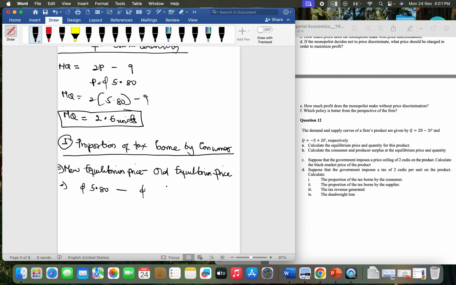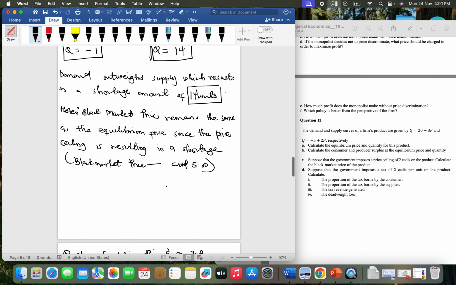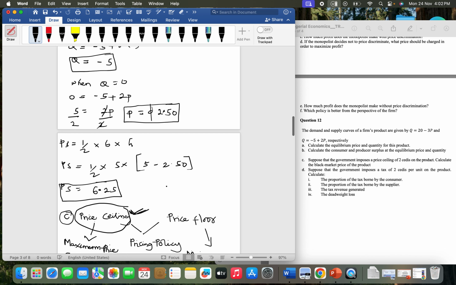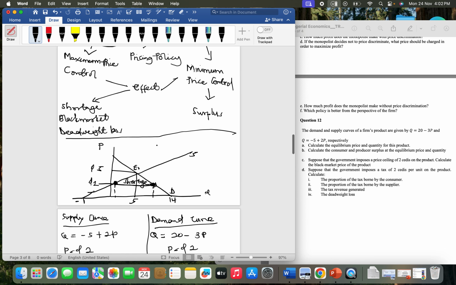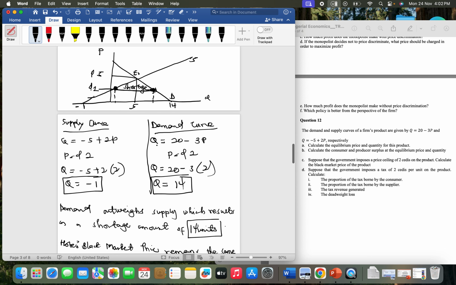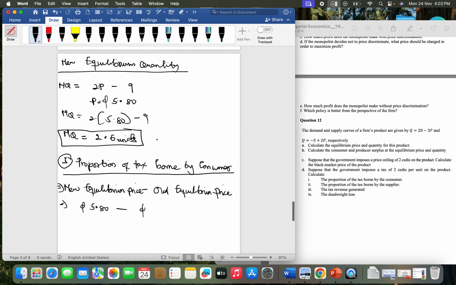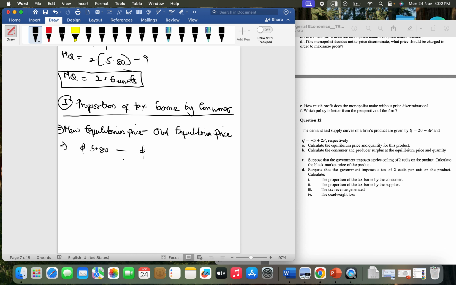The first one. So the old equilibrium price was 2.50.